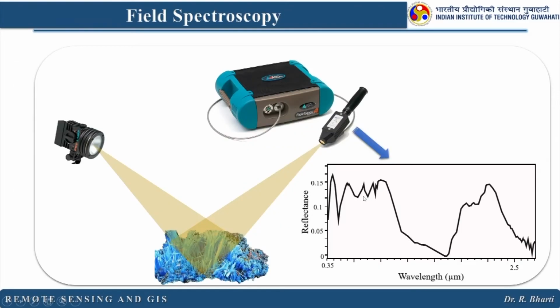So now let us understand how we generate this spectral library and what parameters we need to take care of, because once you have a perfect or standard spectral library, you can use those spectra to analyze your image. Now here, this is the example of field spectroscopy. You are familiar with this image, right?